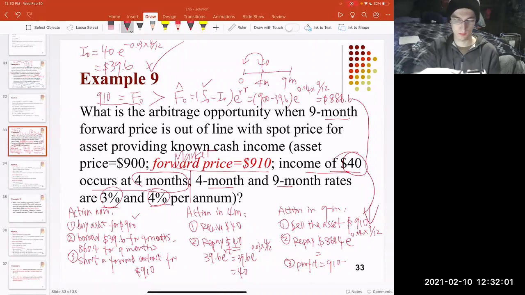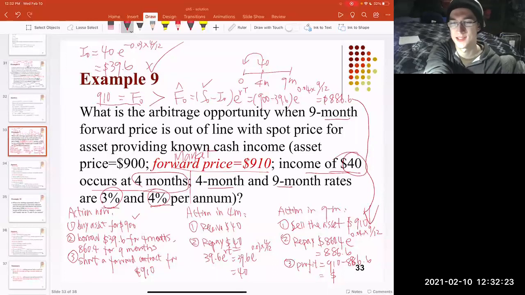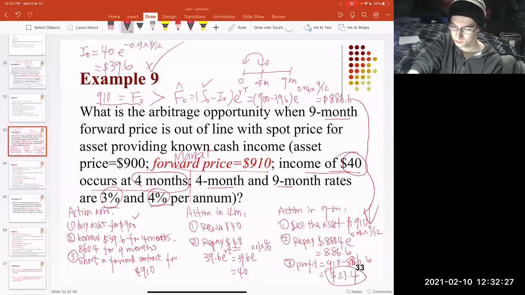So the amount you pay on the long-term loan is 886.6. So the difference is the profit. The profit is what? $23.40. Yes, that's correct. So this is the answer.